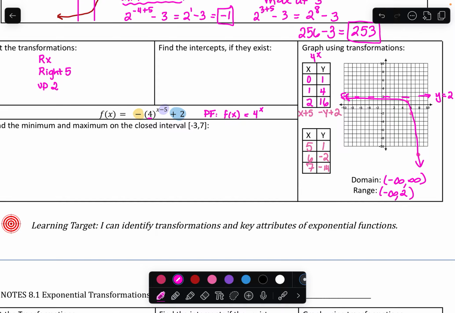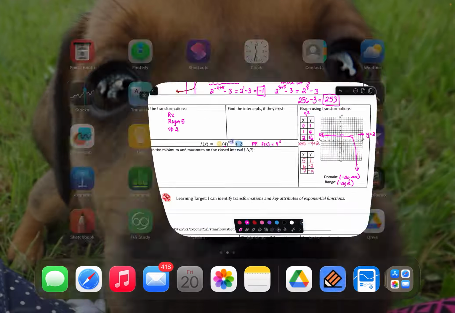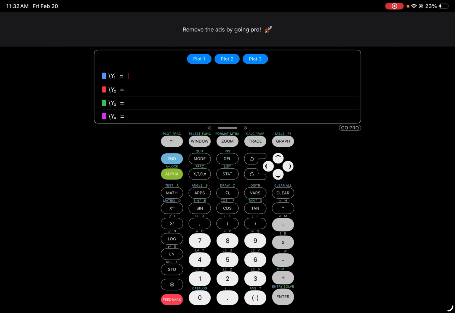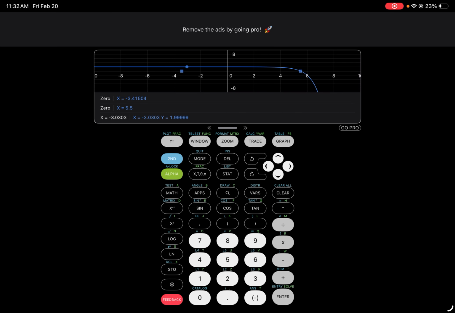Okay, let's find the intercepts of this function. Again, we're going to go into our calculator. I'm going to clear out my function. I've got negative, and we want to type it in exactly how we see, 4 to the x minus 5 plus 2. We're going to graph that. Okay. To calculate this, again, we do second trace.